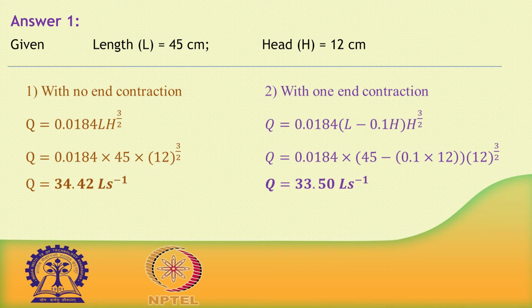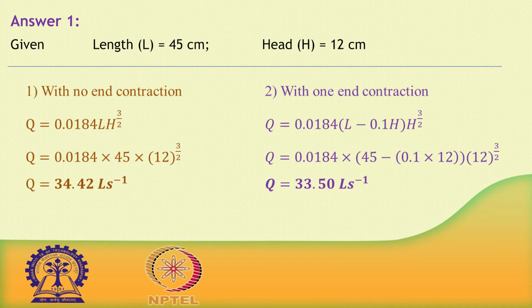L is known, H is known, and simply using these values one can get the discharge from a weir. So, this discharge comes to 34.42 liter per second when we have no end contraction.